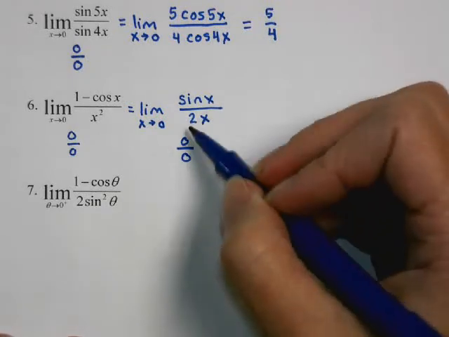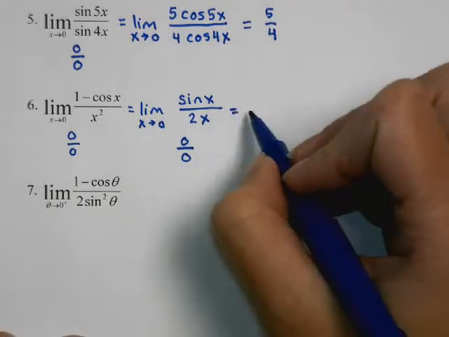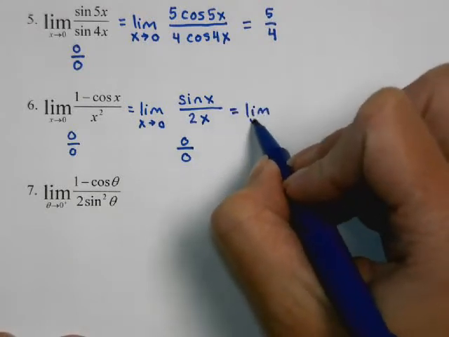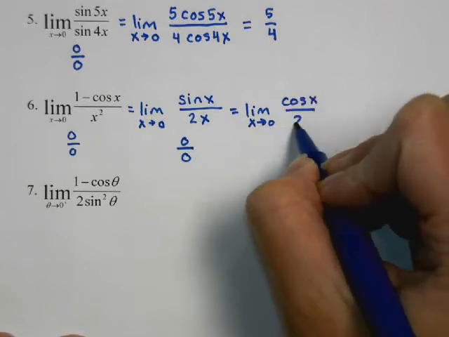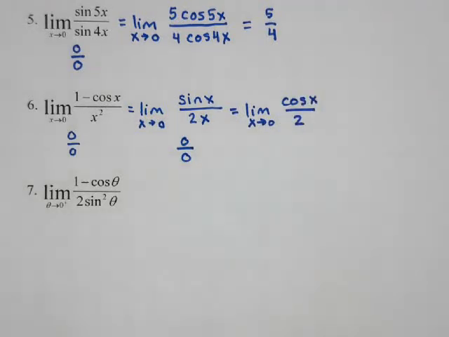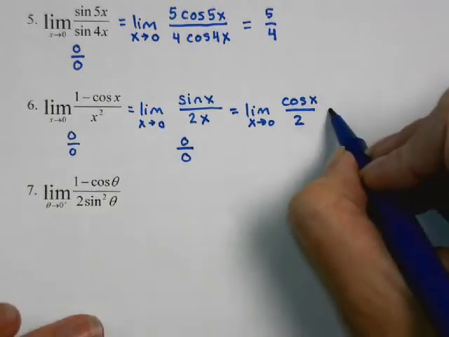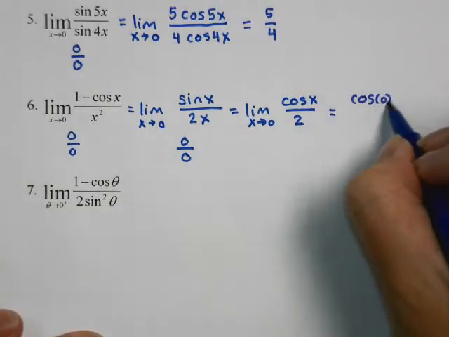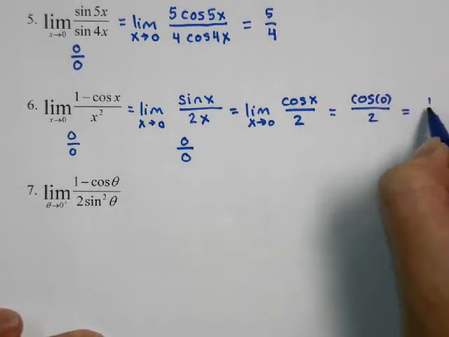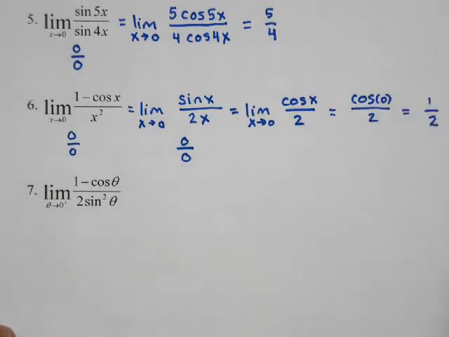We still can apply L'Hopital's rule because it's still 0 over 0. We get cosine x over 2. Now if we plug in 0, we're going to have the cosine of 0 over 2, which is 1 over 2.